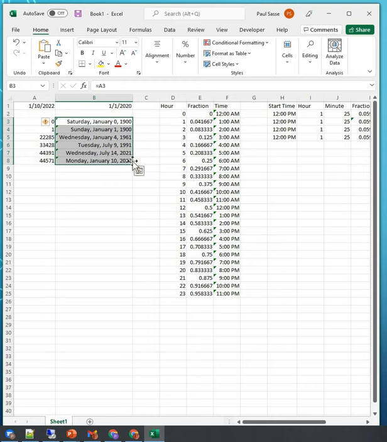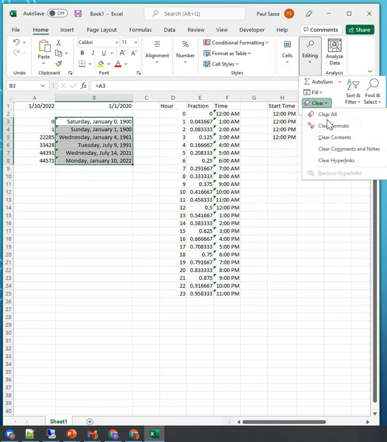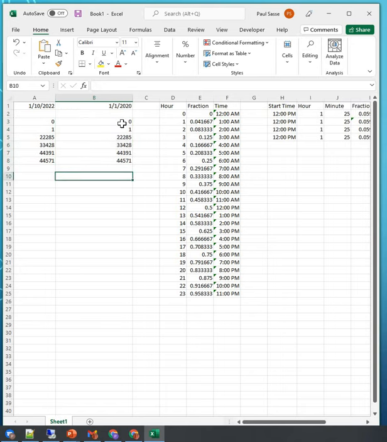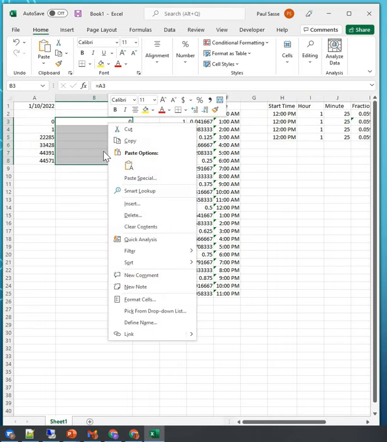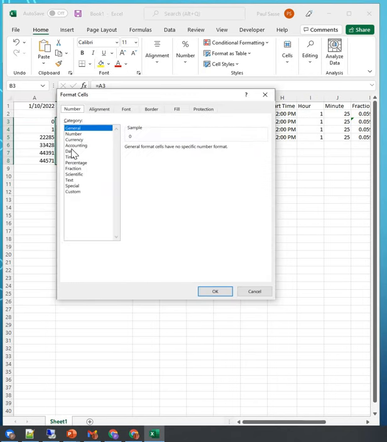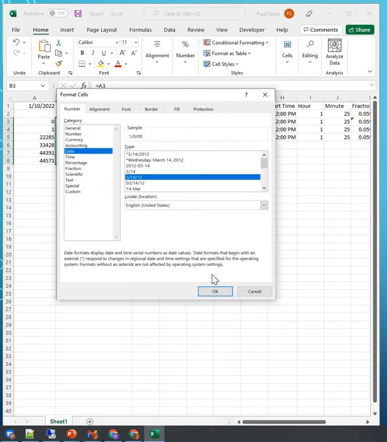I can show that real quickly. Here it is. Clear, and I'm just going to clear the formats. So now you can see the value is the same as what's in A3 and B3, etc. So now I'm going to format these again. I'm just going to format this as a date.